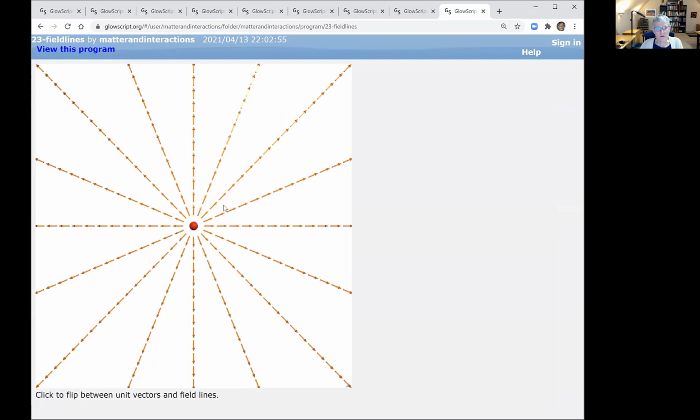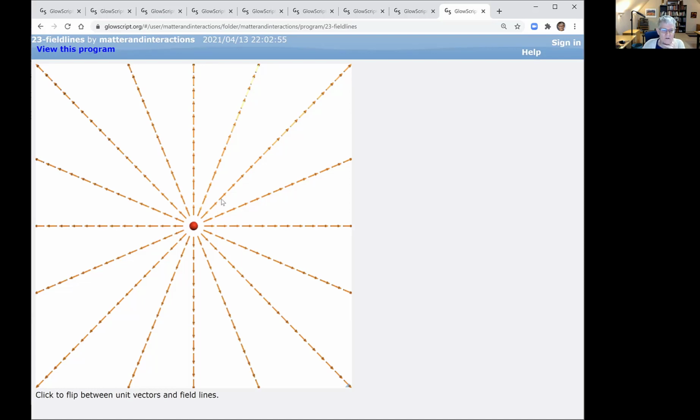So what's an electric field line? Well, it's a very simple construct. Suppose that we have a positive charge here, like the one we see in this Python program, and we want to measure the electric field at a bunch of different locations all around the charge. This is an odd representation though, because we're using vectors.